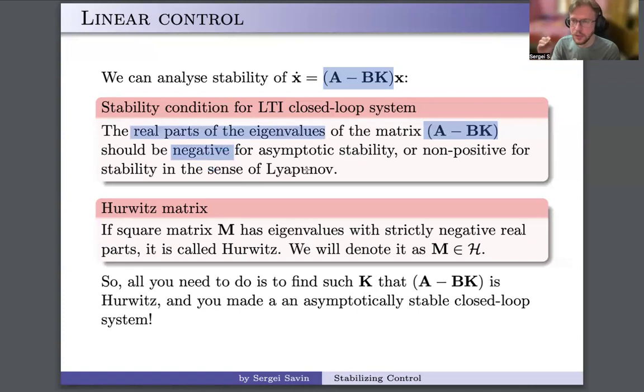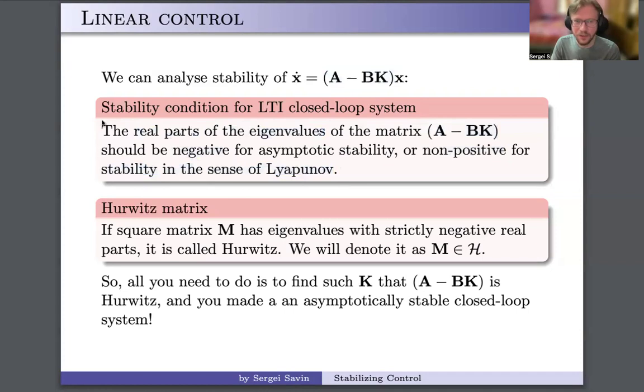They may have zero real parts, but still: negative for asymptotic stability, or non-positive for stability in the sense of Lyapunov, or marginal stability, as they say. Great, that is the criterion.